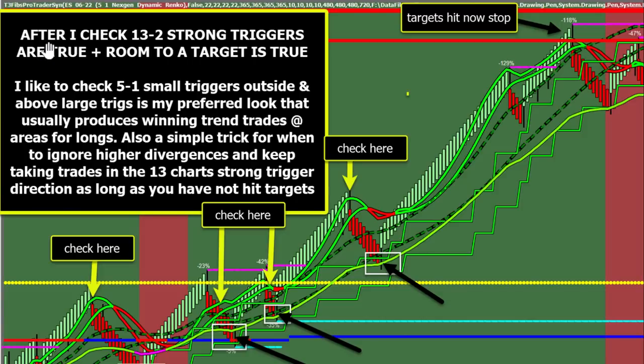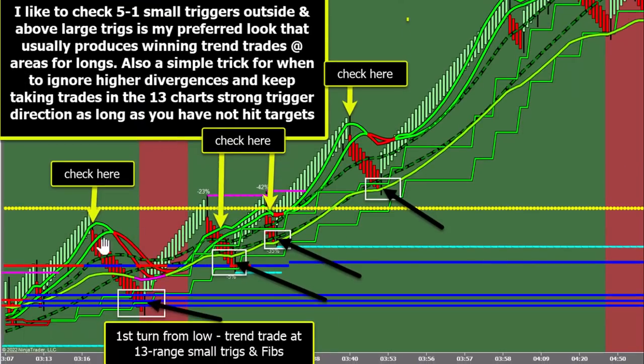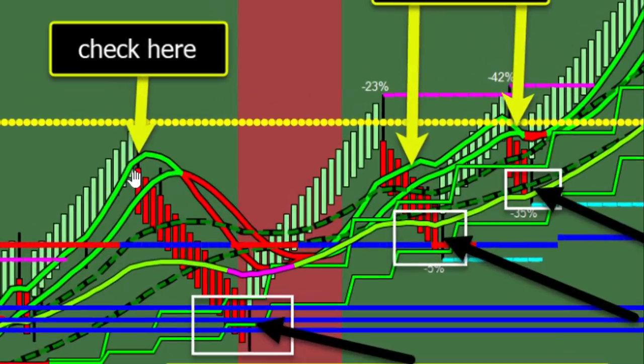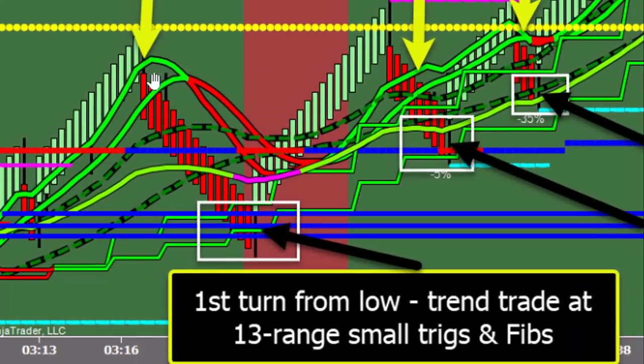The short version is, after I check that everything on my 13-2 chart is true for a trade, strong triggers, good top, good bottom, in this case, good bottom, I like to check with 5-1 trigger location, right? And again, this is where if you're going to buy support or some area, you want to check on the high and say, where were my small triggers in relationship to the large?